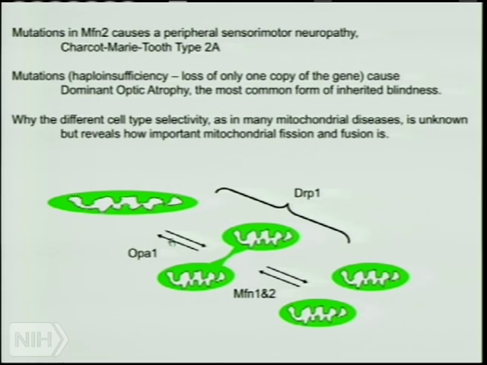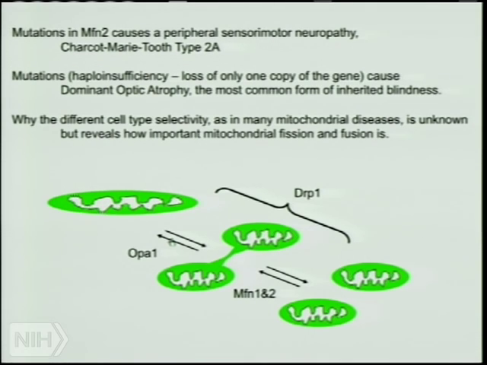And the reason we know it's important is that two fusion genes, mitofusin 2 and OPA1, have been identified to have genetic links to neurodegenerative diseases. Mitofusin 2 causes a peripheral neuropathy, CMT2A, and interestingly, a mutation in OPA1, actually simply a haploinsufficiency, just loss of one allele of OPA1, causes the most common hereditary form of blindness called dominant optic atrophy.